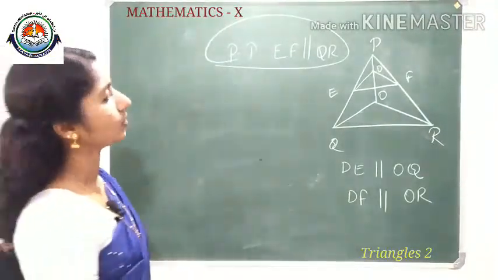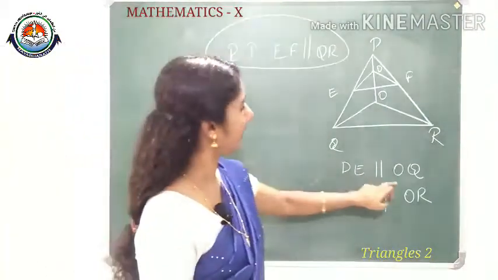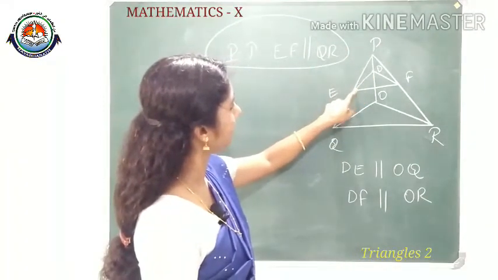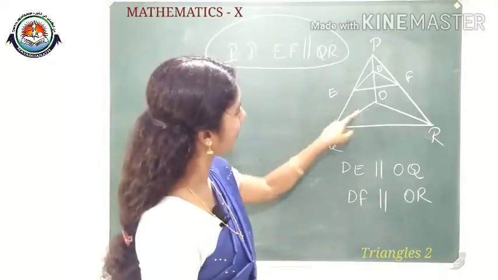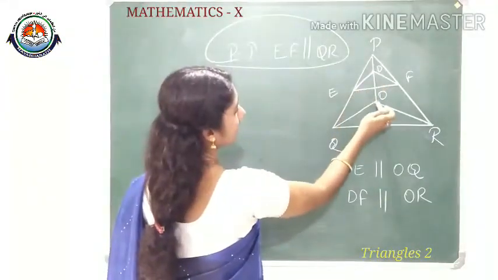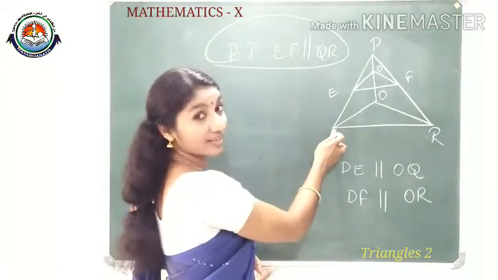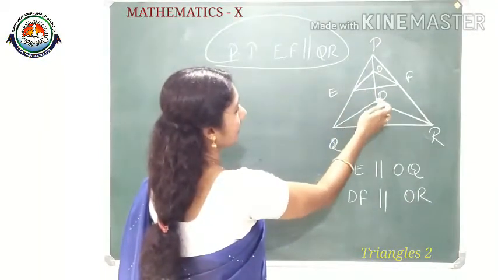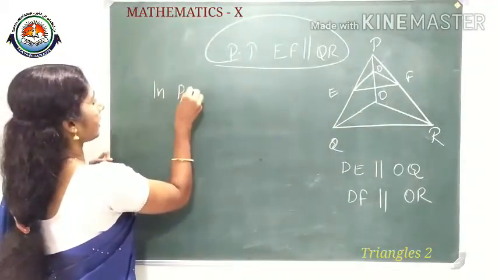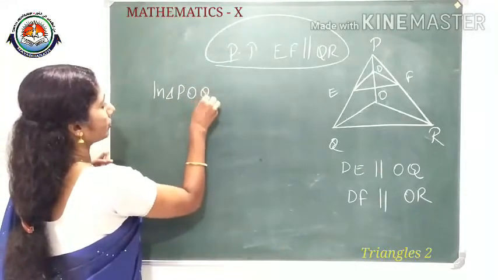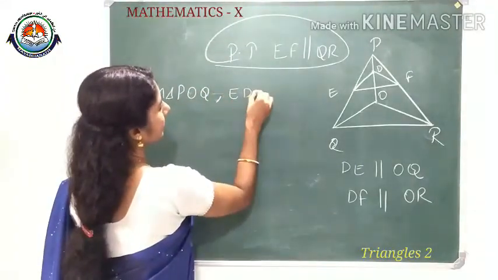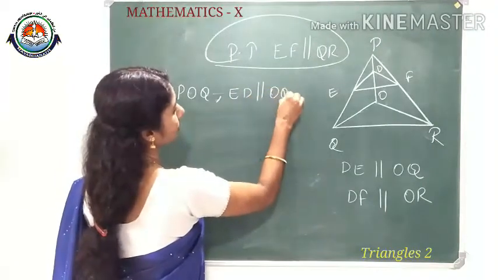EF parallel to QR. What is given? DE parallel to OQ. See the figure. DE, where is DE? DE parallel to OQ. So which triangle will we take? See this triangle. So we can take in triangle POQ, DE is parallel to OQ is given.